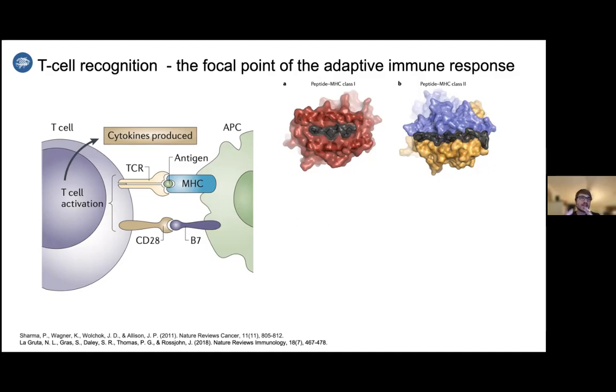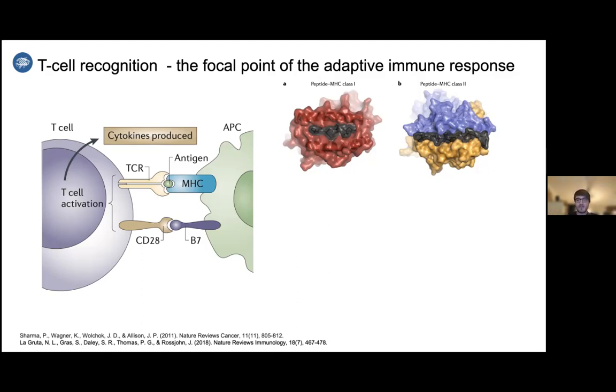MHC class 1 has a very well-defined binding pocket, which looks more like a hot bathtub, is closed and therefore very restricted in what length of peptides can be bound there. MHC class 2 is much more open and more comparable to a hot dog bun, where the peptide still lies linearly in the binding groove, but can dangle around like an actual hot dog.